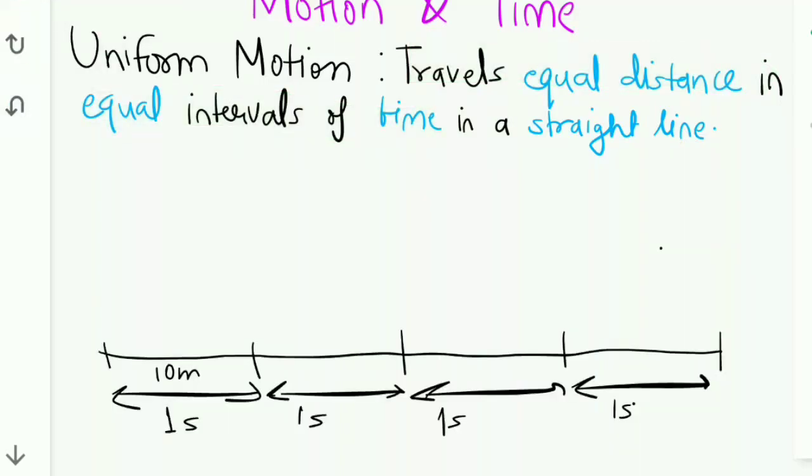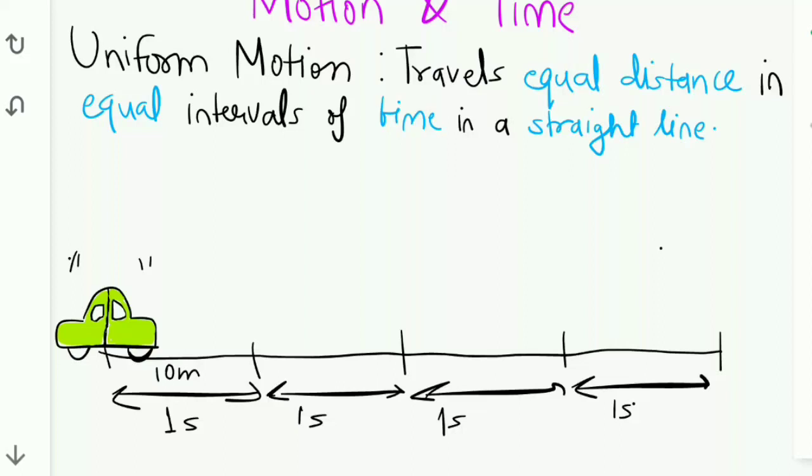A body is traveling, let's say 10 meters in 1 second, and same distance, that is 10 meter in next second and next to that as well. For example, this car is traveling in this fashion. It is covering 10 meter in 1 second. It is again covering 10 meters in next second, and so on.